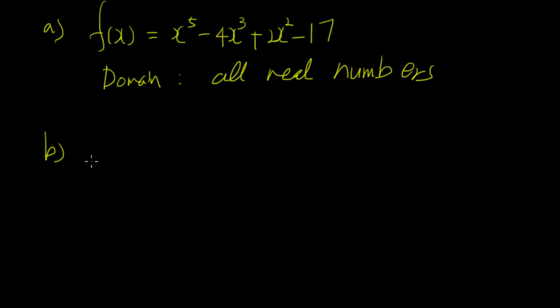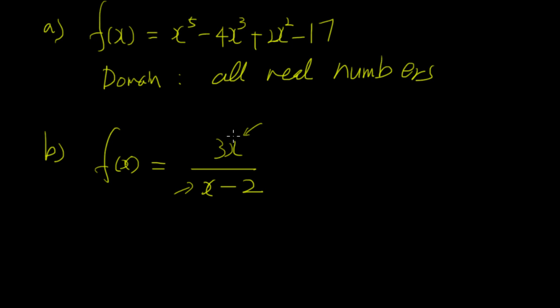The next question is a typical question. Let's say f of x equal 3x over x minus 2. Now, what do you think about this one? What possible x value can we not use in here or here? Think about it.